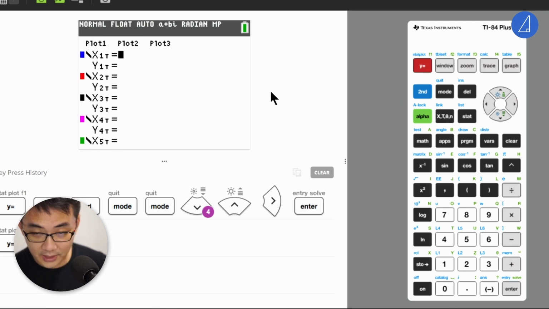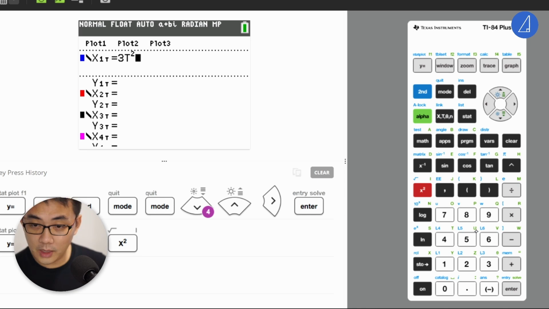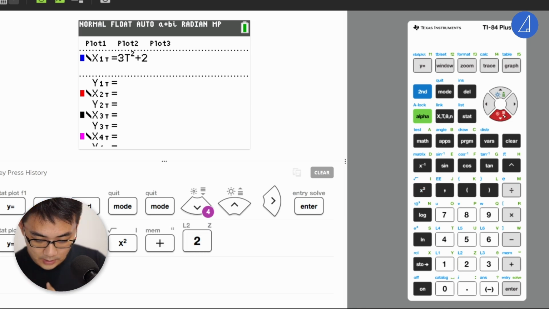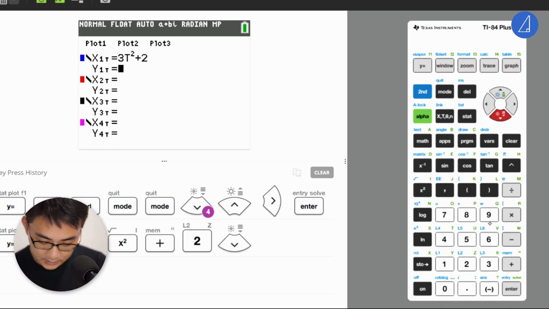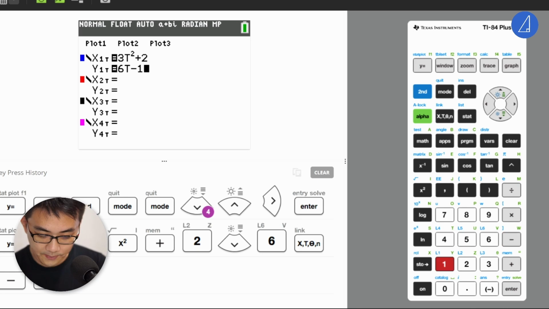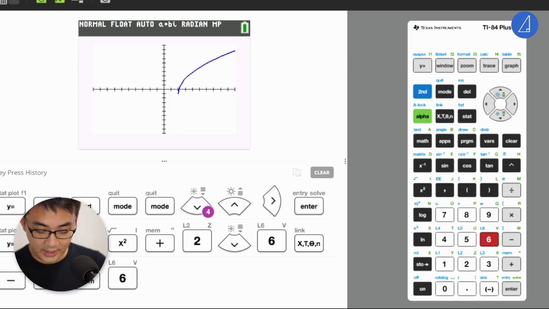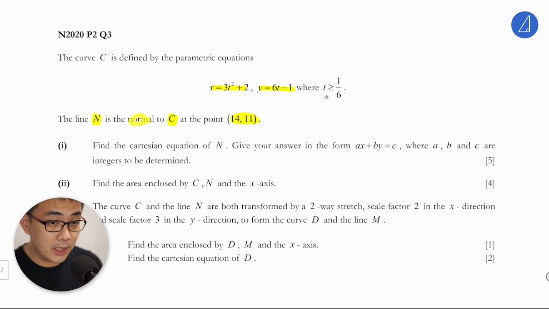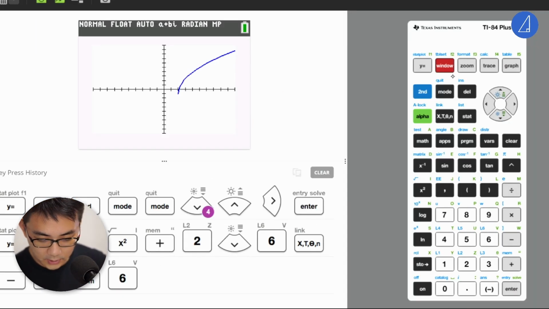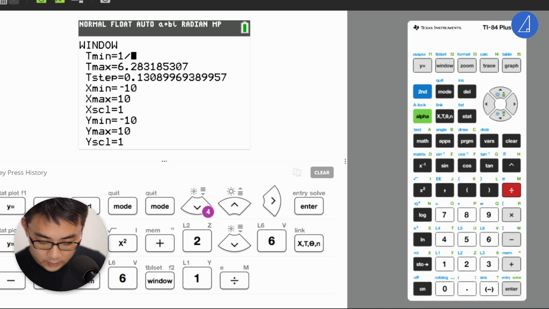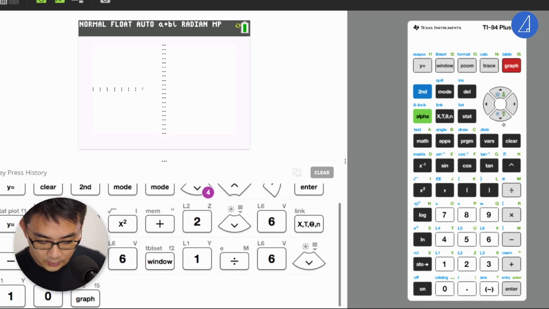After they key in the values, x is 3t squared plus 2, then y will be 6t minus 1. What you need to do is zoom standard and you get this graph. But please remember that what we're looking at here is only t greater than or equal to negative 1. So just go to window, and set the range. Okay, this is fine because this is actually the graph that we're looking at.